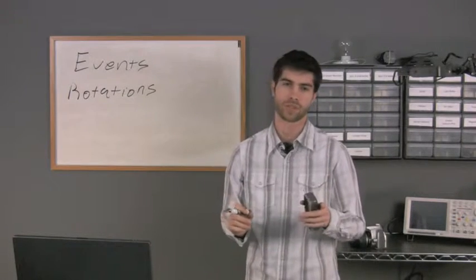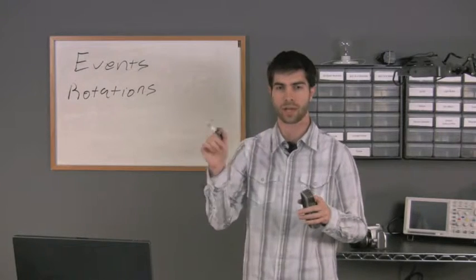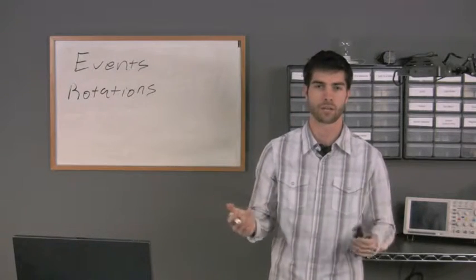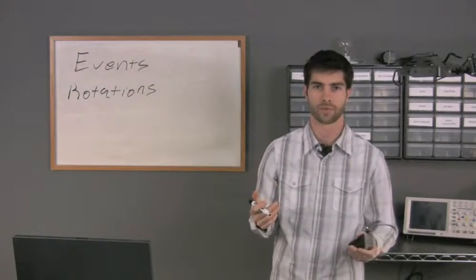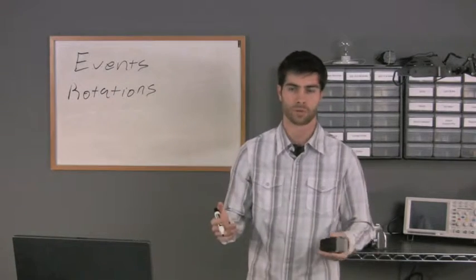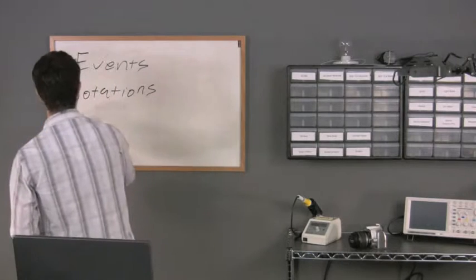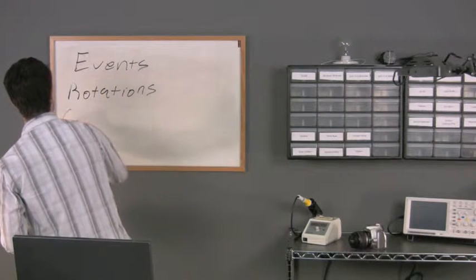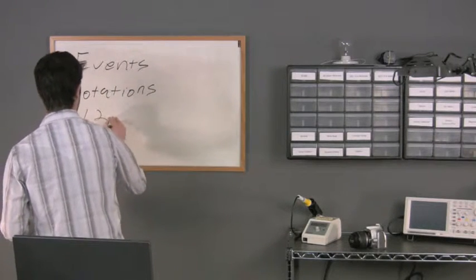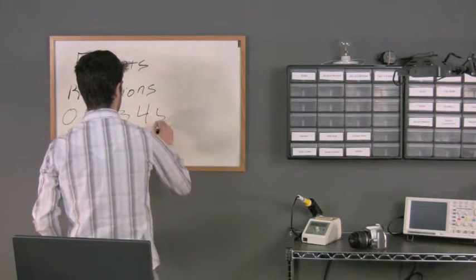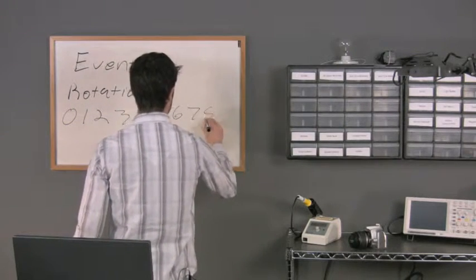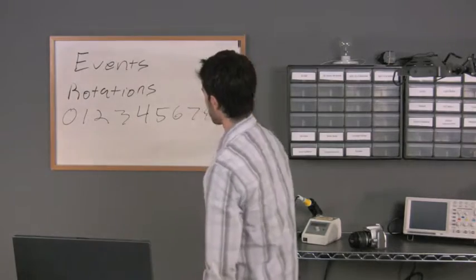The thing about a rotation is on each one of those individual counts, you can trigger a relay. You can turn on or turn off a relay, or turn on multiple relays, or turn off multiple relays. Okay? So we have a rotation, and we know it's a counter that counts from 0 to 9. Okay?